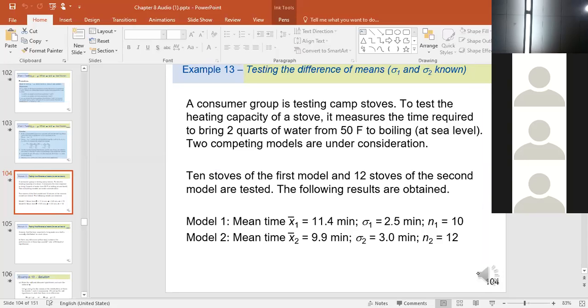Let's use the calculator for this. We'll be using Excel most of the time when we have data, calculator when we just have statistics. Go to calculator. Start, test, two sample, Z test, something like that.